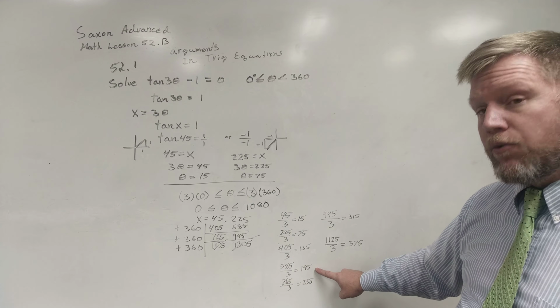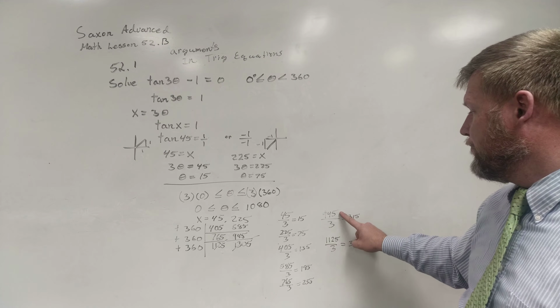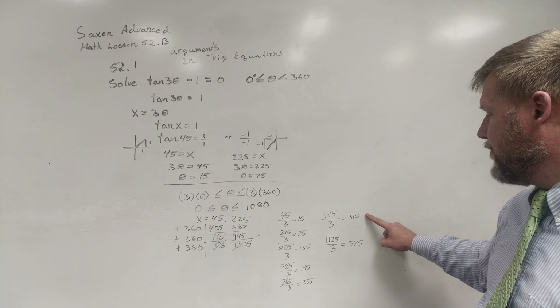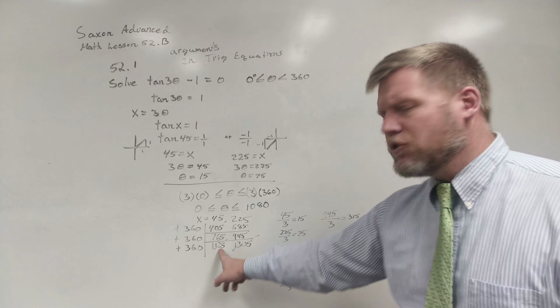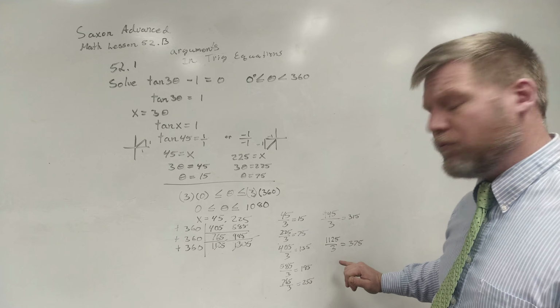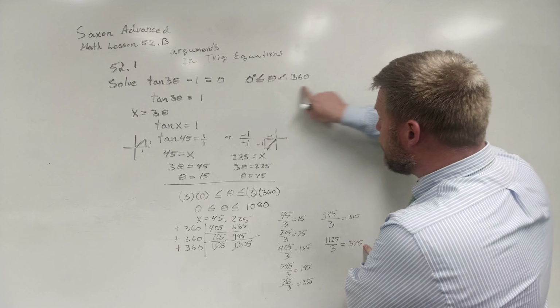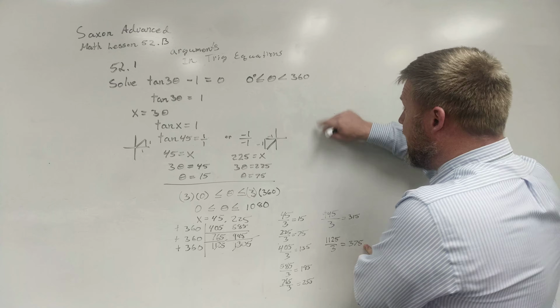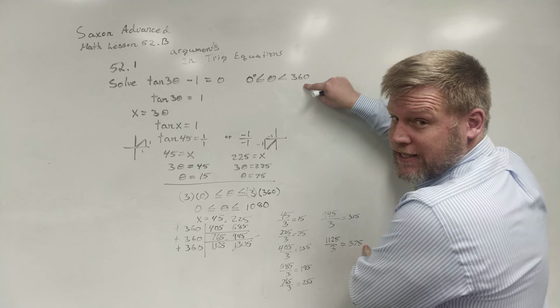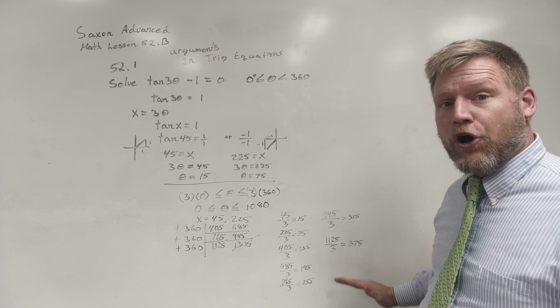So I'm going to go ahead and put in 405 over 3, 135. 585 divided by 3, 195. 765 divided by 3, 255. 945 divided by 3, 315. And I went ahead and put the 1125 in here just to show you what happens if I did so. 1125 over 3 is 375. This is why it's not allowed, because my range of theta is between 0 and 360, and 375 is greater than 360. So it's not allowed to be in there. This is why I know how far to go.